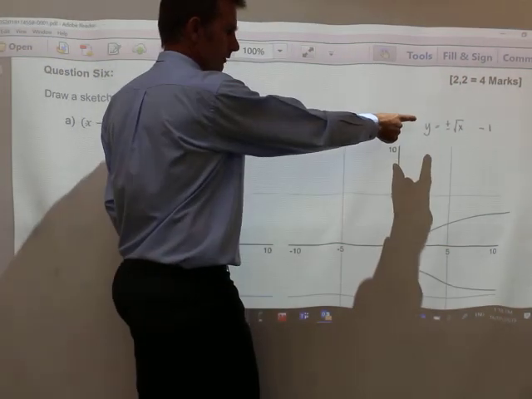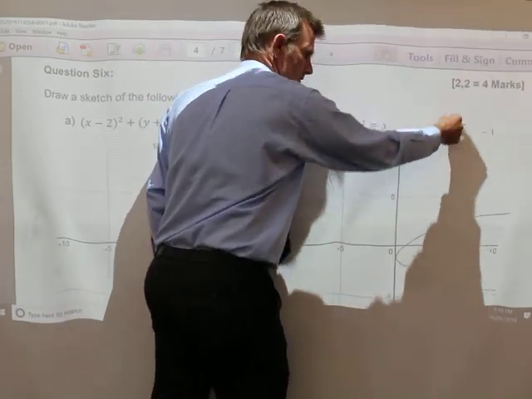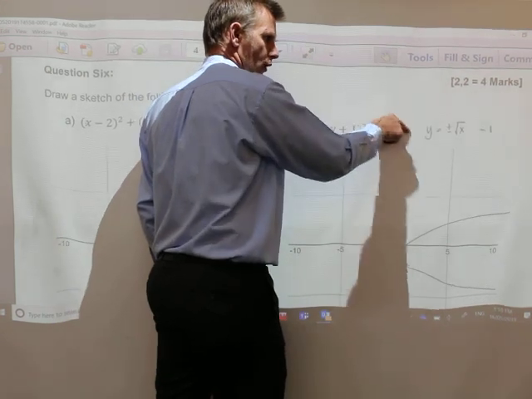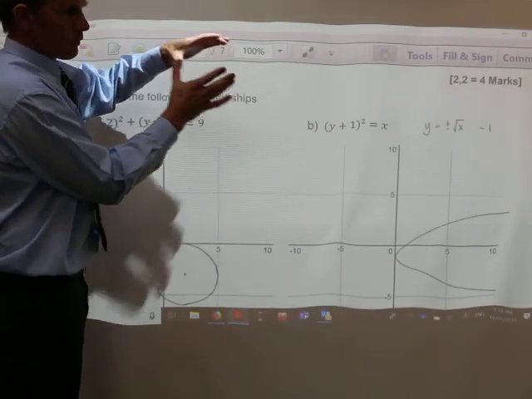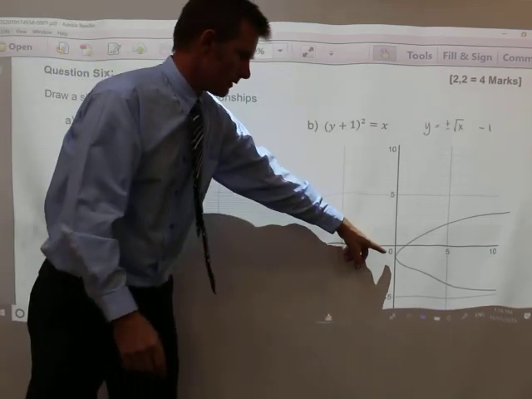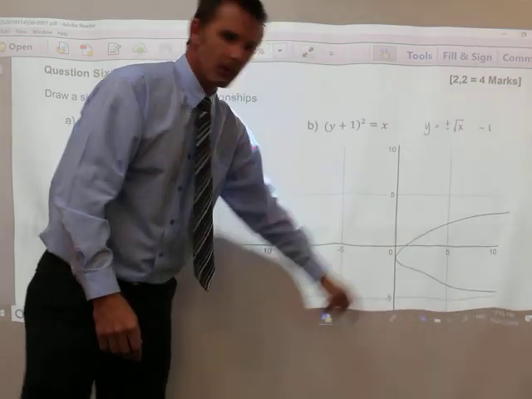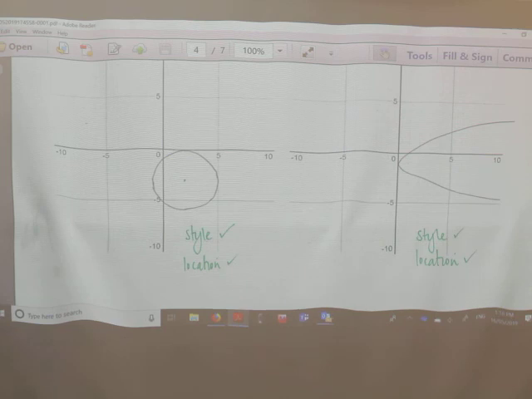So you can see I've rearranged it there. I've taken the square root of both sides, plus and minus the square root of x, and then I've moved this 1 over to get that. So it's a standard y squared equals x graph, but move down 1. So hence why we get this kind of idea here at -1. And again, we've got 1 mark for the location, 1 mark for the style.